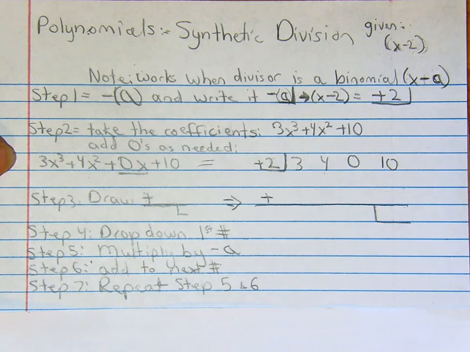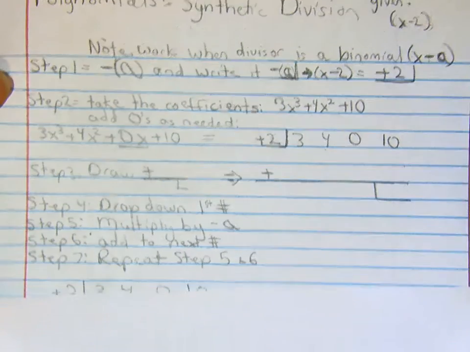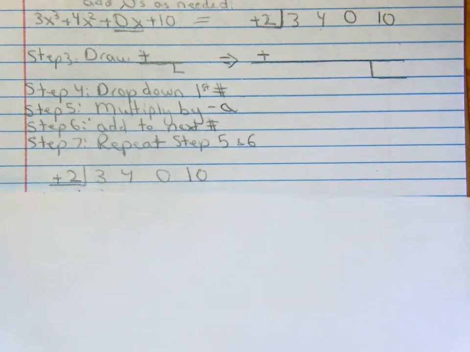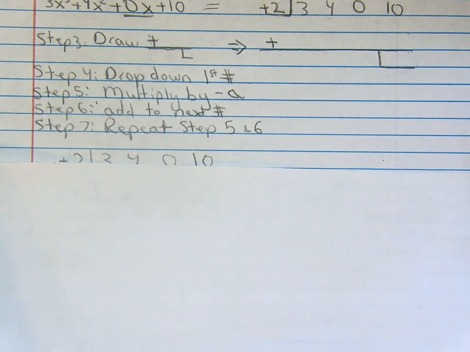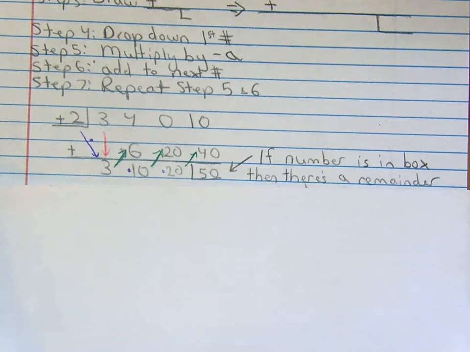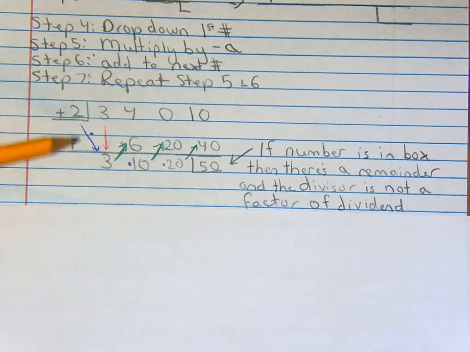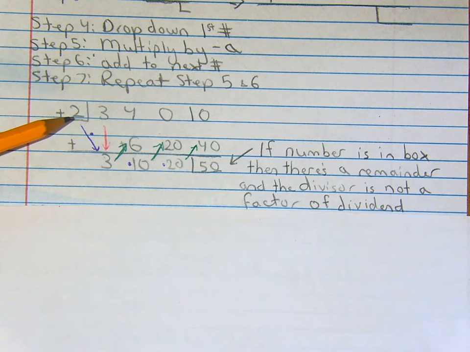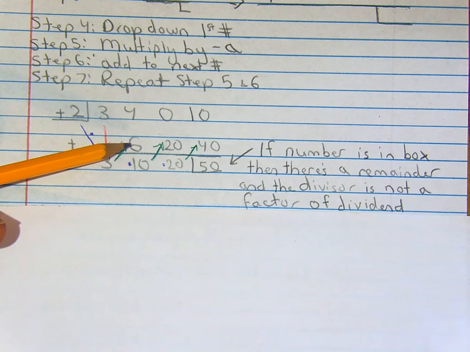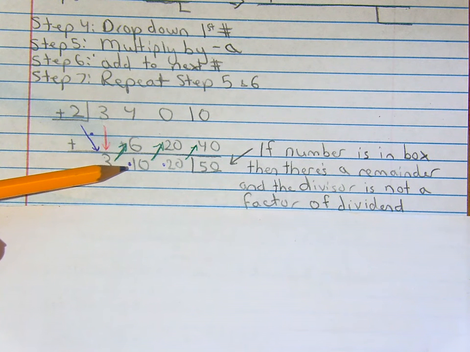Let's go ahead and take a look at what this looks like. So we have our problem. I dropped down my 3. I did 2 times 3, which gave me 6. Then I added 4 plus 6, which gave me 10.